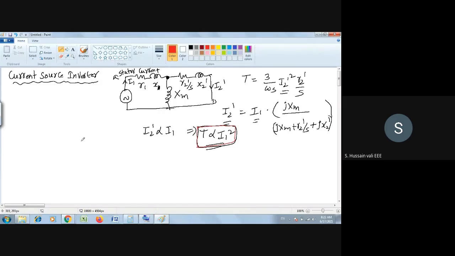So using this relationship, I will draw some curves here. What is that curve? Speed torque characteristics. This is speed omega, this is the torque.